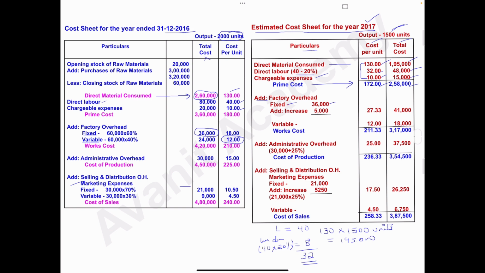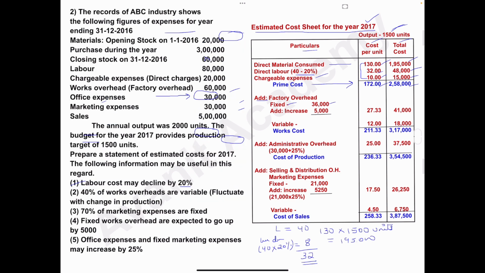See the question, point number 4: fixed works overhead are expected to go up by 5,000. In this 2017, the fixed overhead will increase by rupees 5,000. To the previous year's 36,000 we have to add rupees 5,000. Expected to go up means it will increase by rupees 5,000.